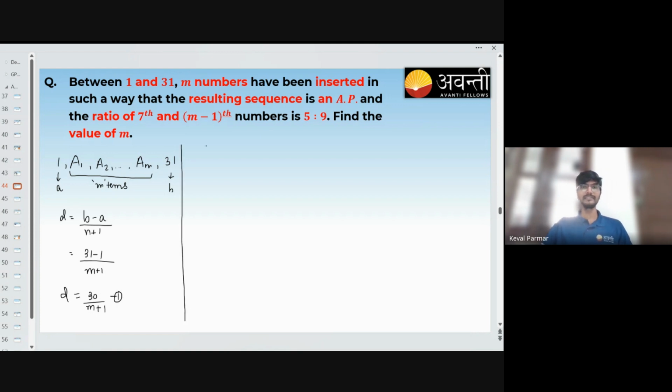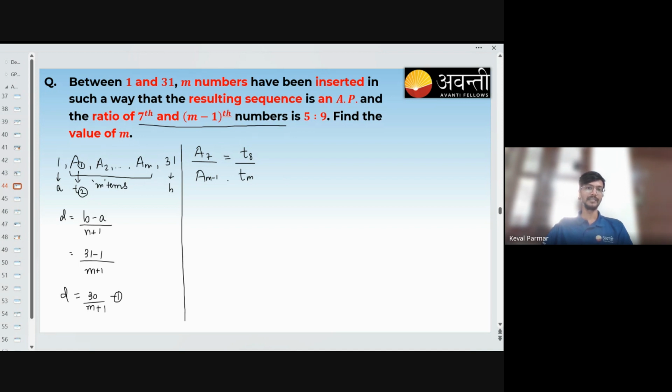Now, what they are saying is the ratio of the 7th and m minus 1th number. Please note, they are saying A7 upon A(m minus 1), which is basically T8 upon Tm. Clear? A1 is T2, so one more. If I have 1 here, this is 2. So here I have 7, so it will be 8.